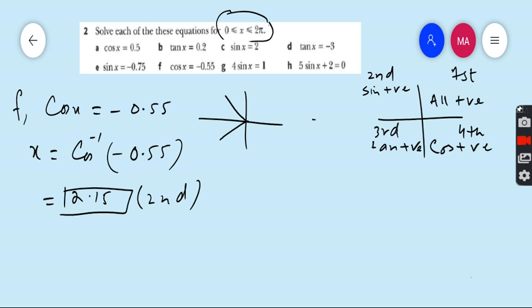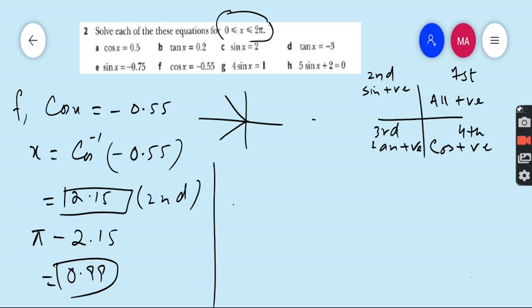But for finding the value of cos in third quadrant, first we have to find the value of basic angle. Just subtract pi minus 2.15. This is 0.99. And now find the value of angle in third quadrant. Add pi plus 0.99.